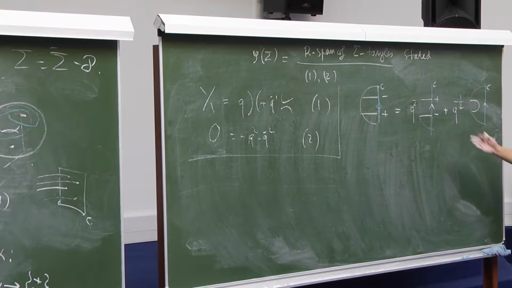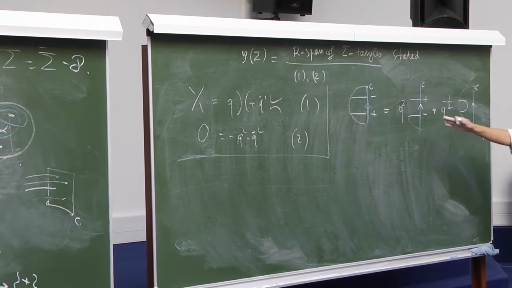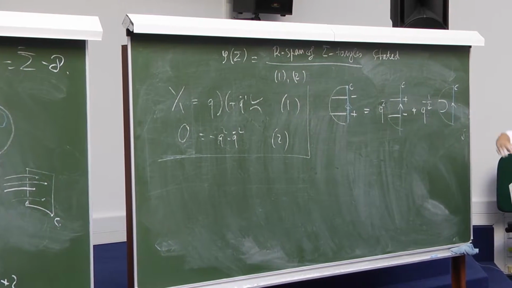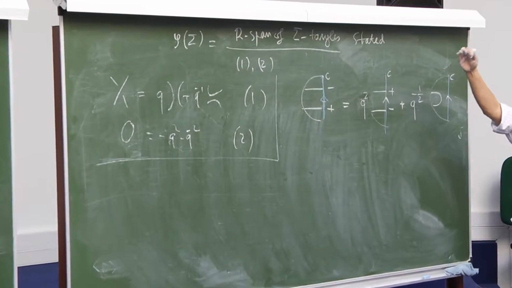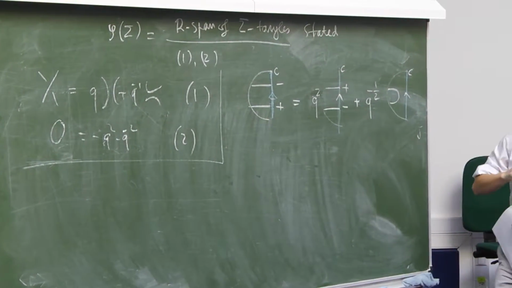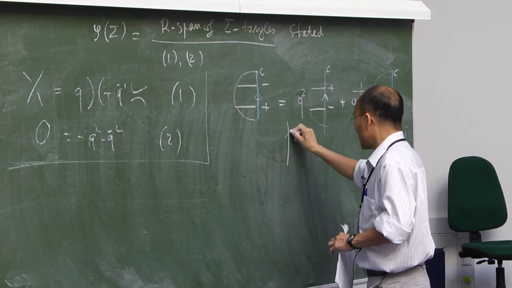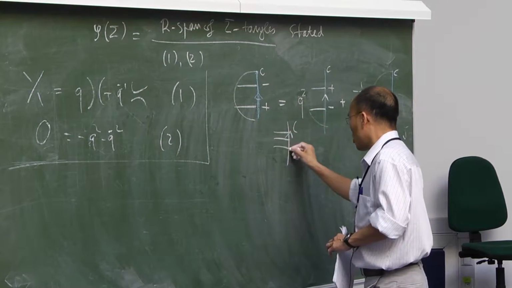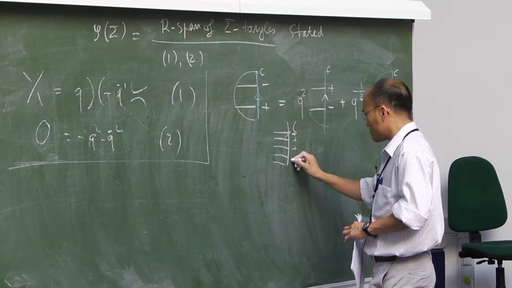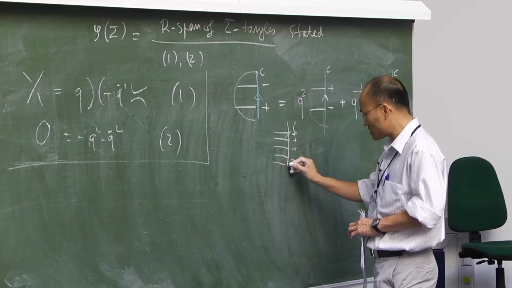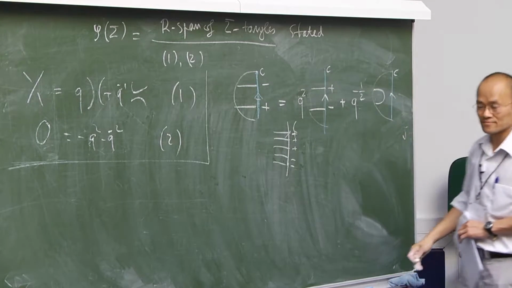With this condition, you can reorder the height so that the positive are always above the negative. So for any component C here, you can reorder the points so that you have plus, plus, plus, and then minus, minus, like this. You can always do this using this relation here.